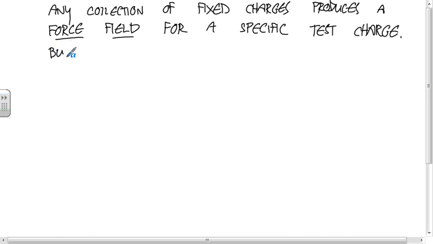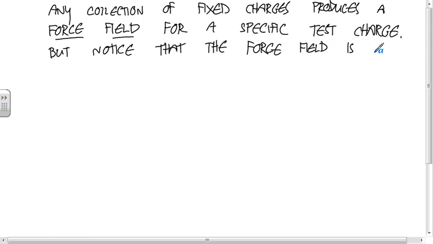But notice that the force field is different depending on the test charge. So if you use a different test charge, that force field changes. The force field is different for each different test charge.